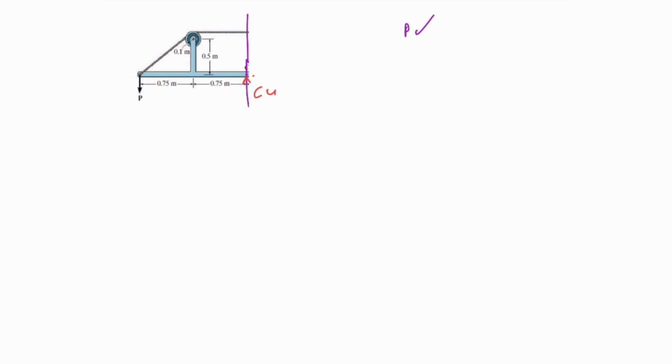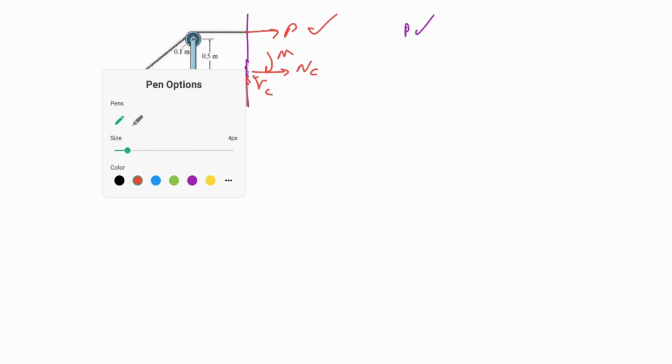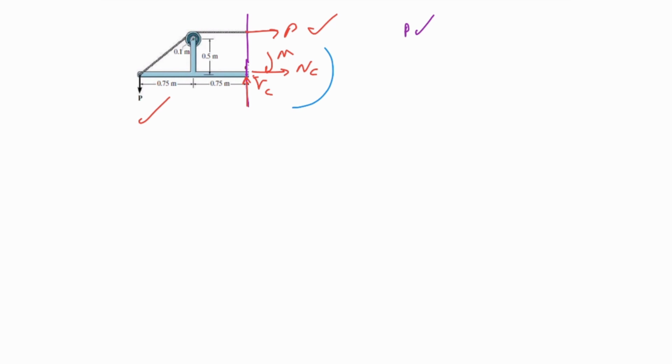I would have Cy, or sorry, V at point C upward, N at point C, and also M. And I know this is P because it's a cable. P is known, and three unknowns over here, and three equations: sigma of x, sigma of y, and sigma M equal to 0. And right now you can solve this.